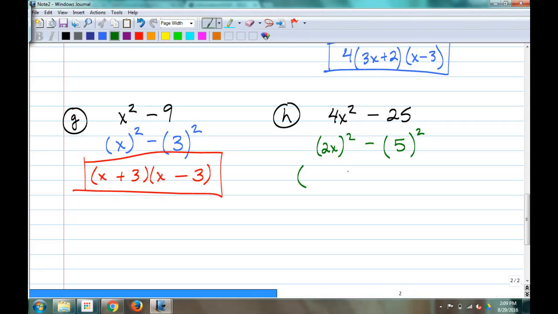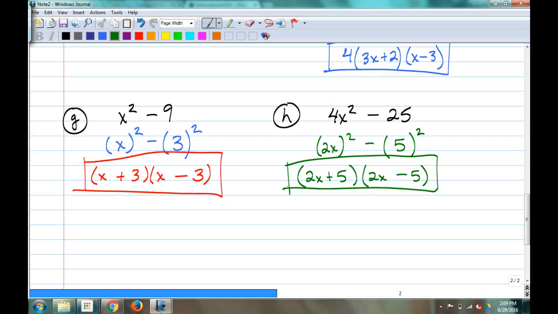Our factors are then 2x plus 5, 2x minus 5. Differences of squares, they're shorter.